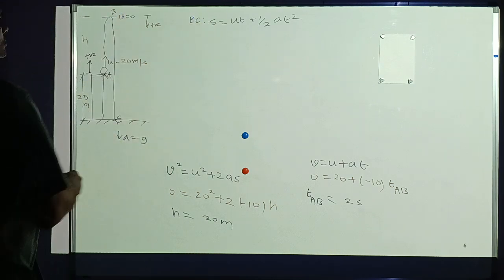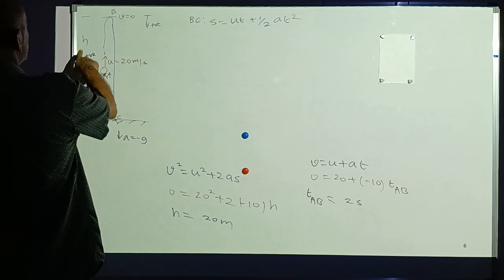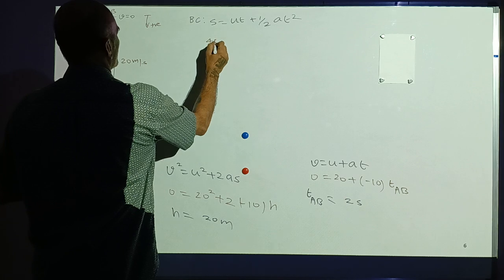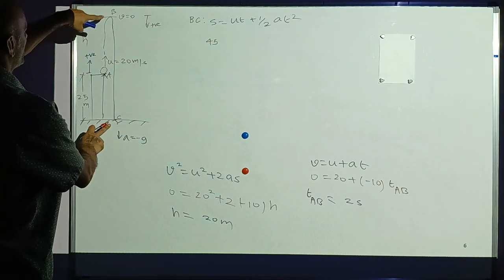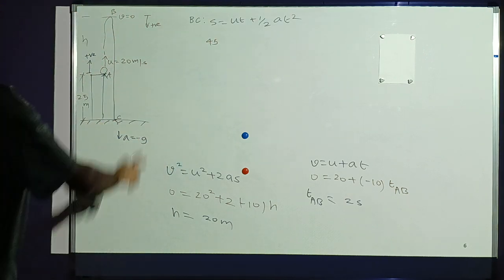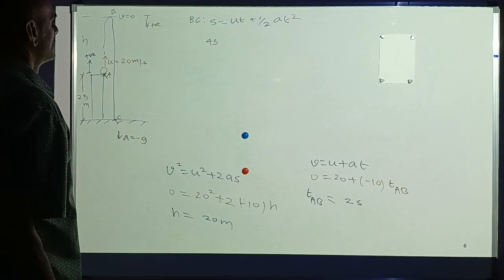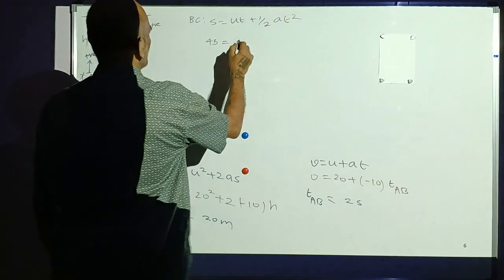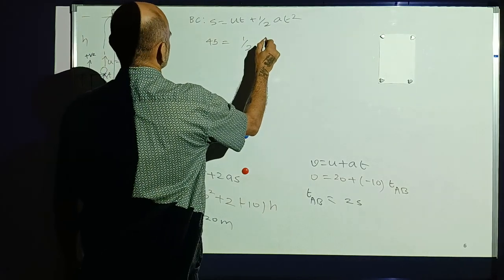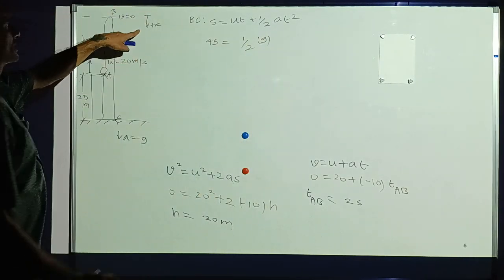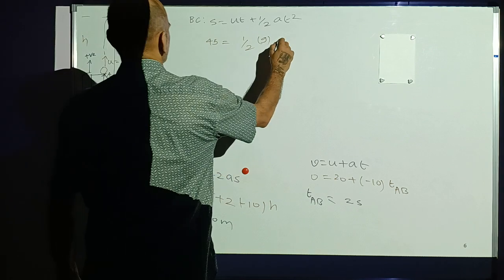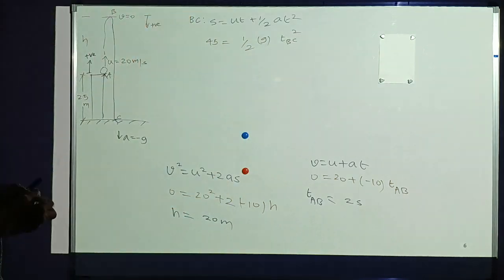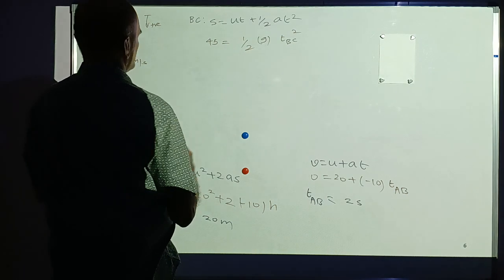So that gives me the total displacement, which is h, 20, it's 45 meters. The displacement between this point and this point, between B and C. And downward direction is positive. u is 0, because velocity at this point is 0, and half acceleration is plus g, because downward direction is positive, and t is the time to go from B to C. So this is 5.